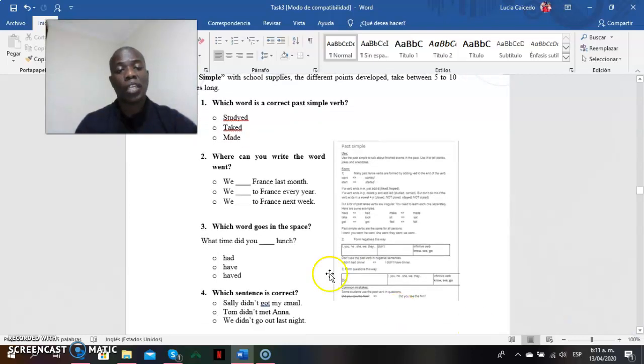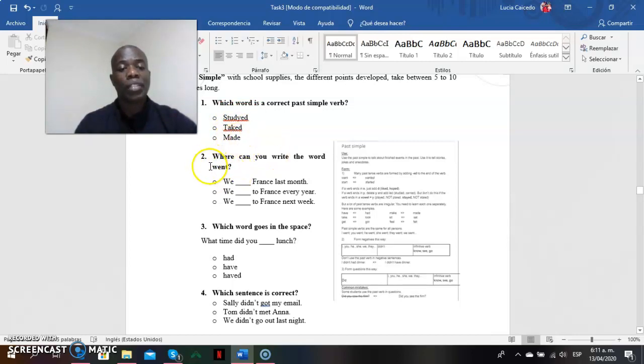For example, the student chooses which word is correct, the past simple verb, this or this or this.